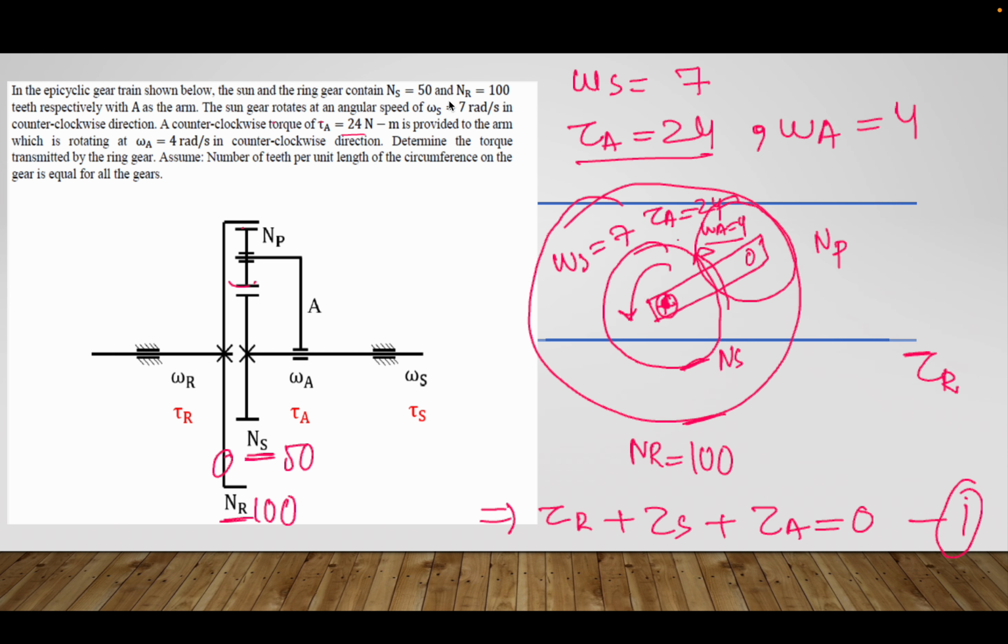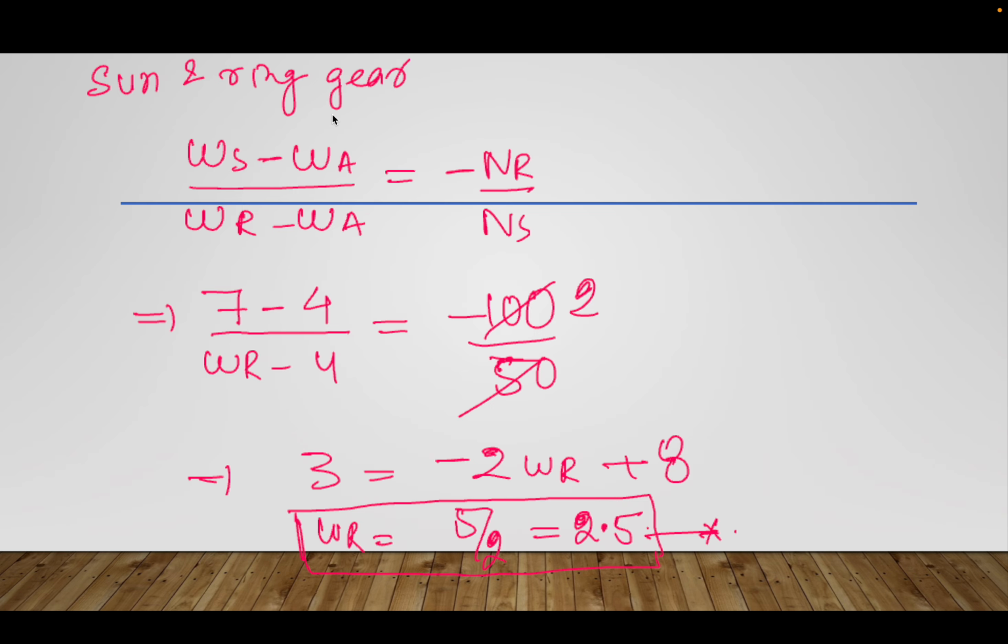However, ns and nr are given, so we can get a relationship between omega s and omega r. We'll first solve for that.